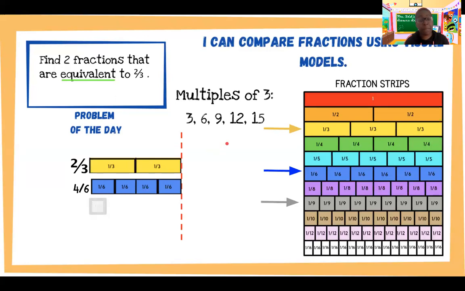Let's try that. 1/9, 2/9, 3/9, 4/9, 5/9, 6/9. It takes 6/9 to reach our line. Therefore, 2/3, 4/6, and 6/9 are all equivalent.